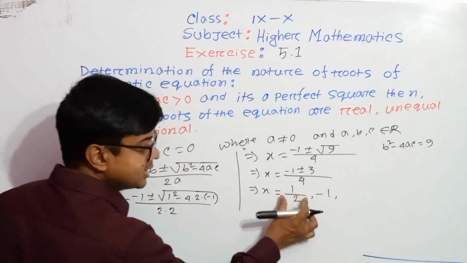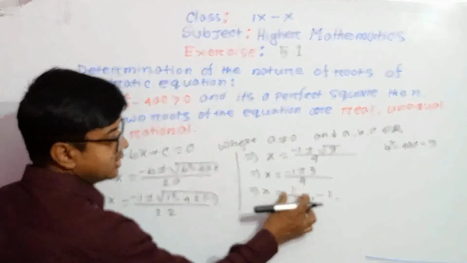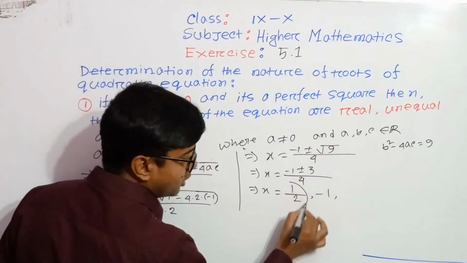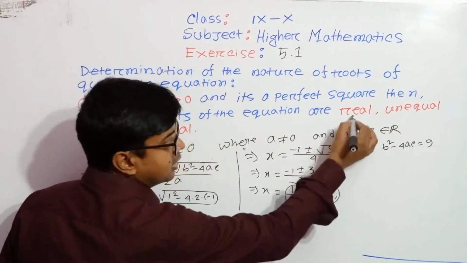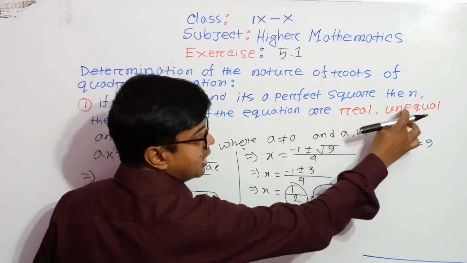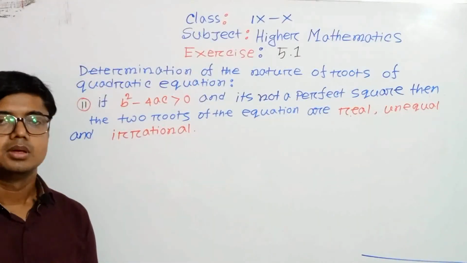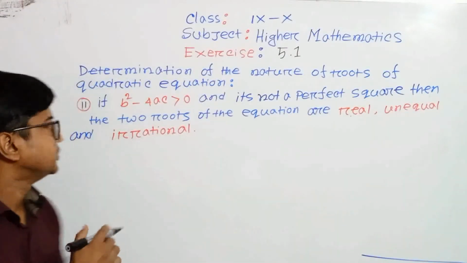Look at this, these are the two roots: 1 by 2 and minus 1. And 1 by 2 and minus 1 are real, unequal and also rational numbers.